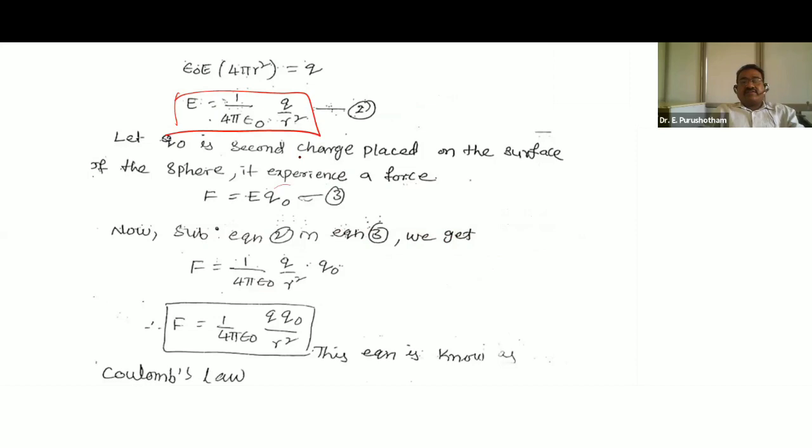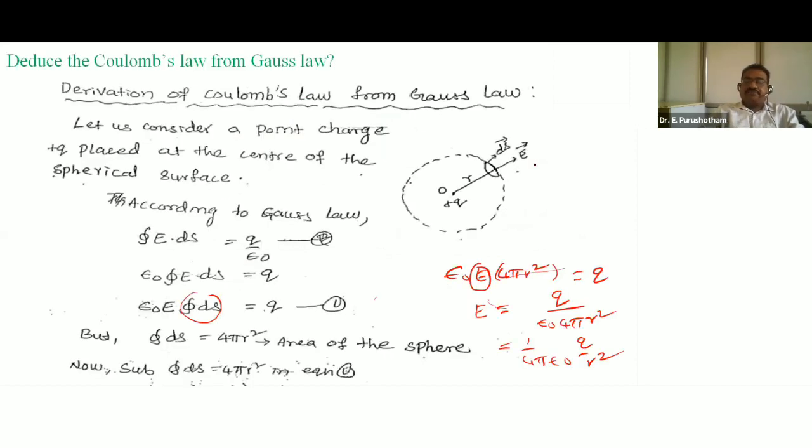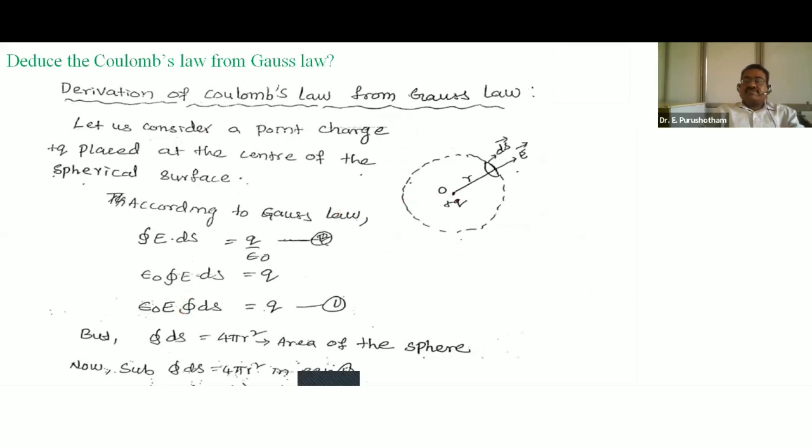Let Q naught be the second charge placed on the surface of the sphere. You see here, this is the plus Q charge and this is the plus Q naught charge. This is Q, this is Q naught, this is F, and this is r.